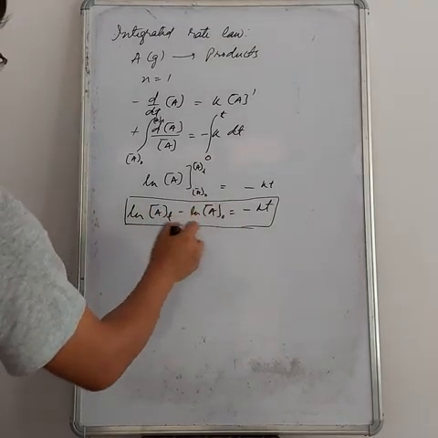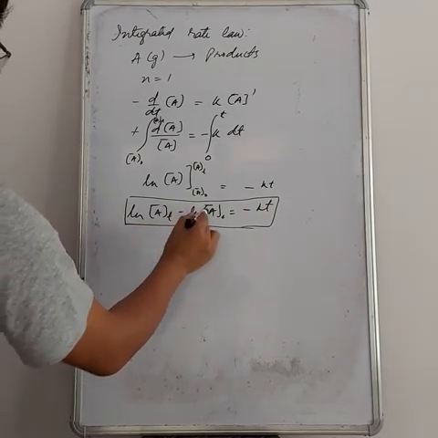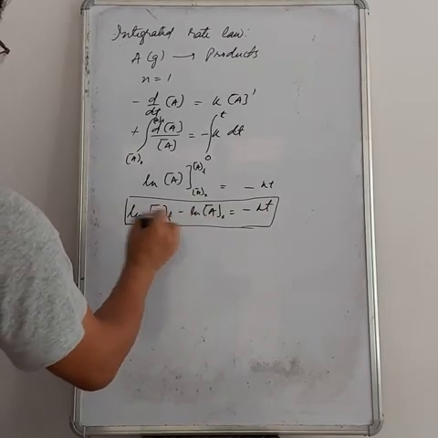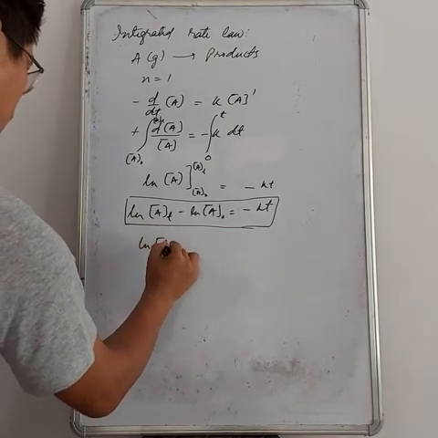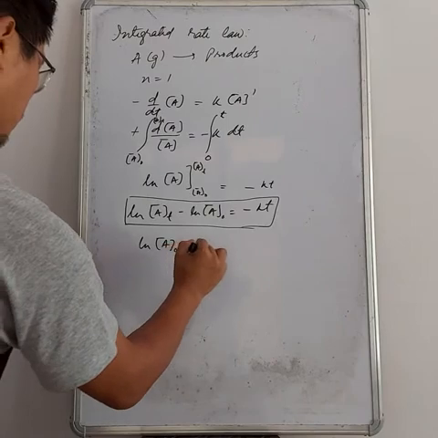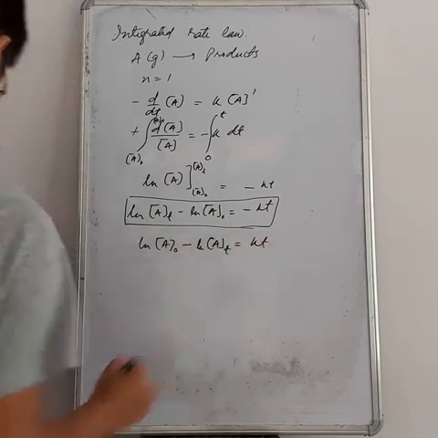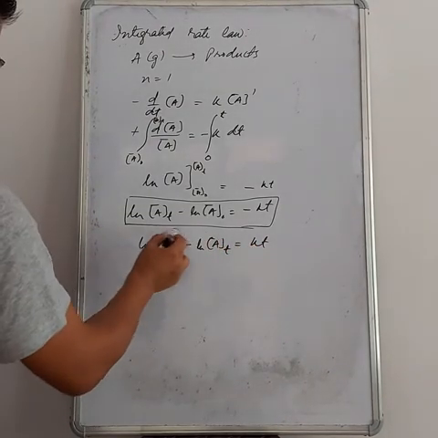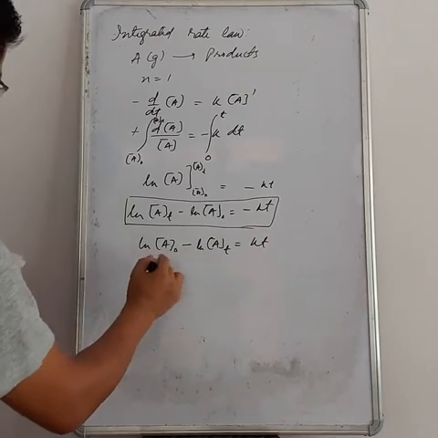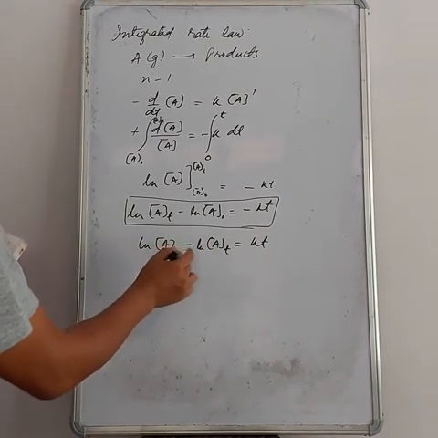Then we can make some changes in this equation. If we bring a negative in, then we're getting log of A naught minus log of the final concentration is equal to kt. The property of log here is that if it is negative, we divide; if it is positive, we multiply.